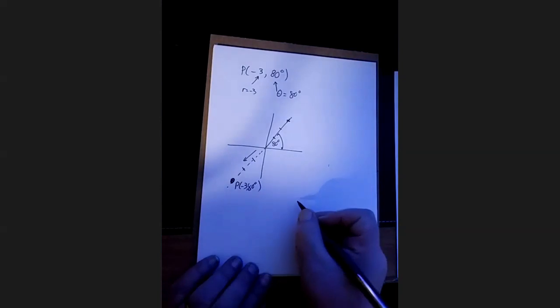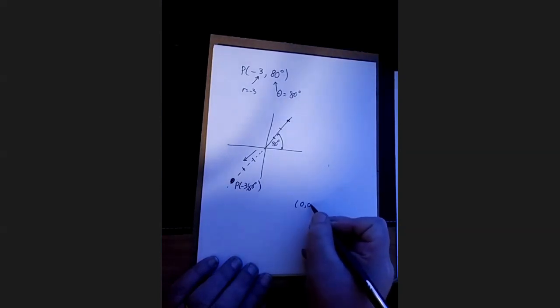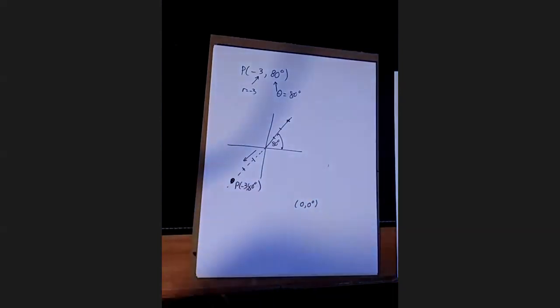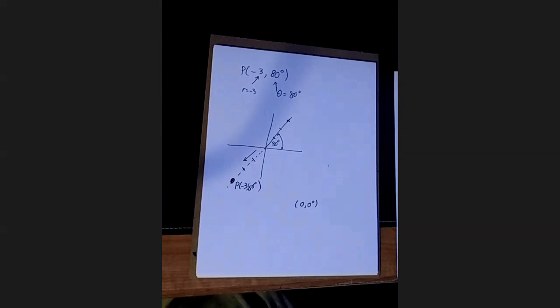And the last little thing, 0 comma 0 degrees. In polar coordinates, where is that point? Isn't it just the dead center?